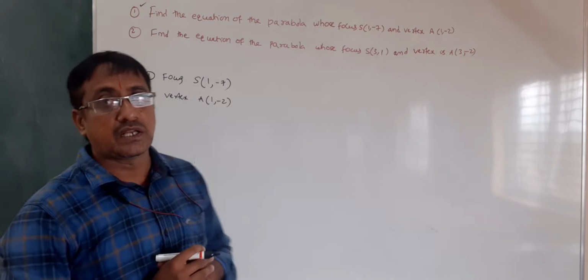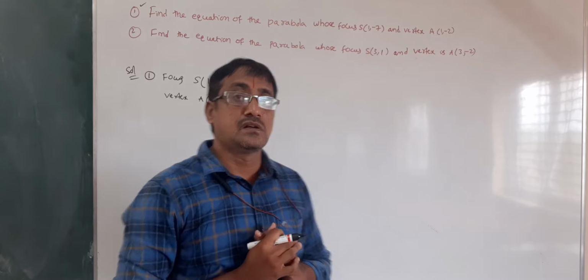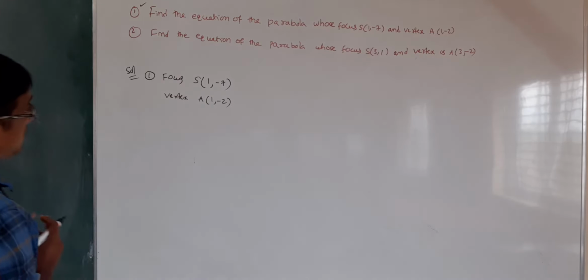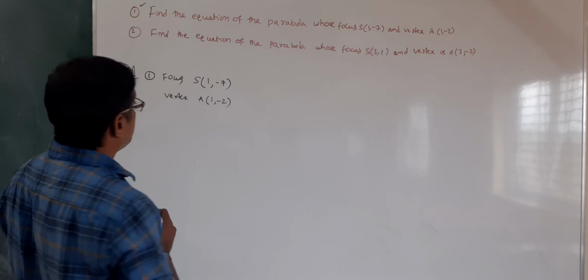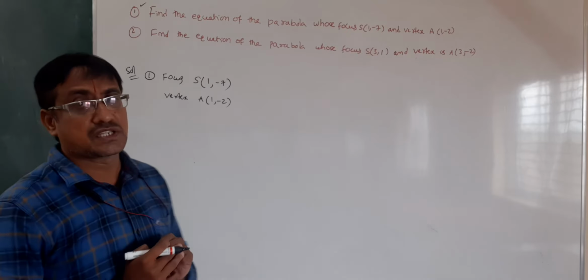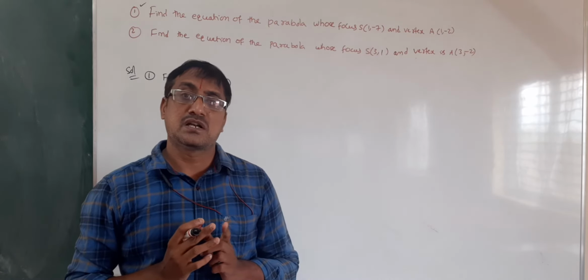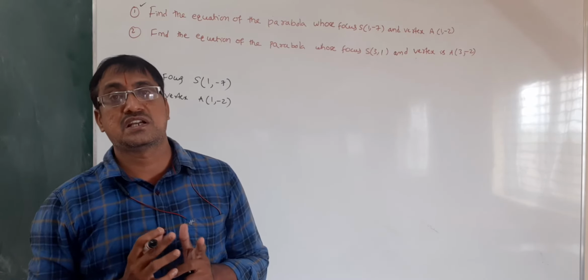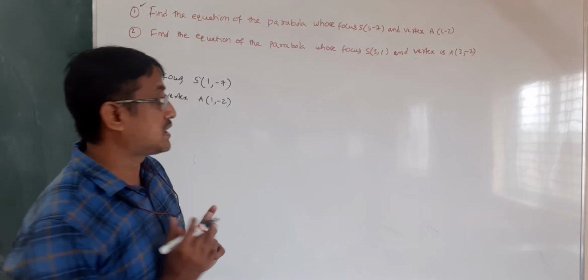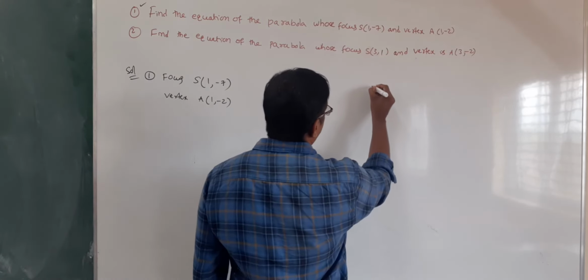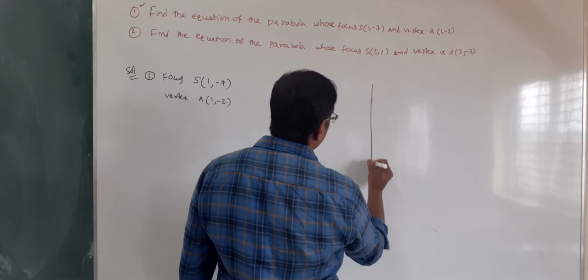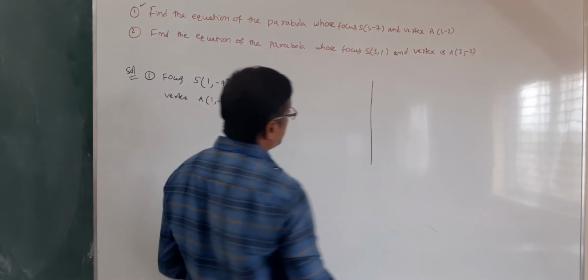You have to find the equation of the parabola. Now observe these 2 points. Clearly their x coordinates are same. So x coordinates are same means they both lie on a vertical line. Remember that point.